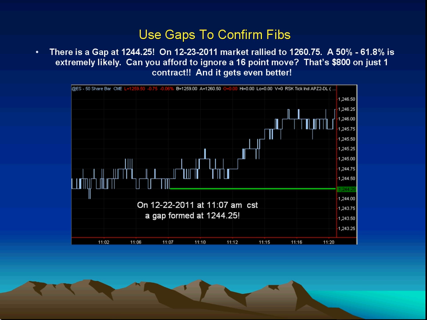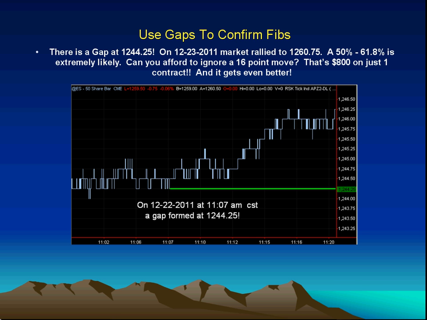So that 50 to 61.8% retracement is now pretty likely, because gaps are always filled. So from the high down to this retracement level, or at least that gap fill, that's approximately 16 points. And on just one contract, that's $800. Can you ignore that?